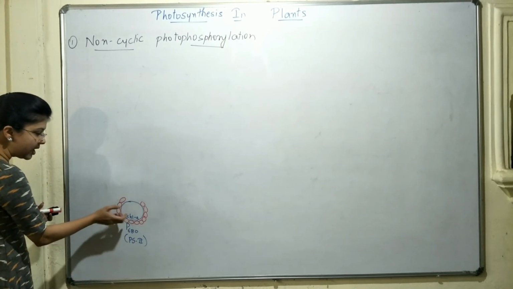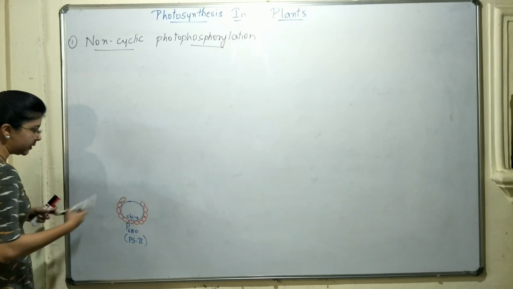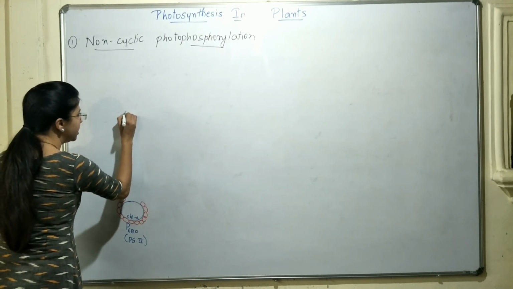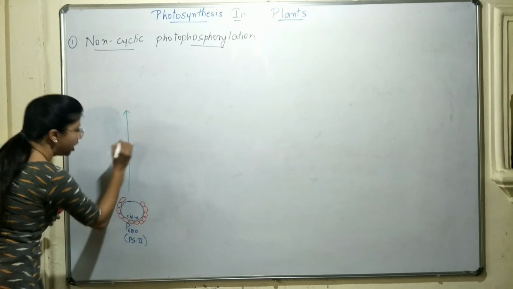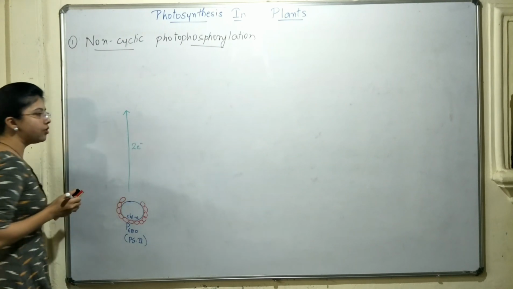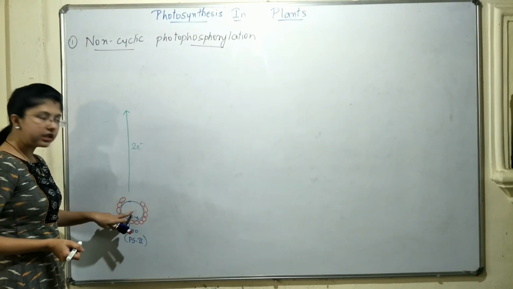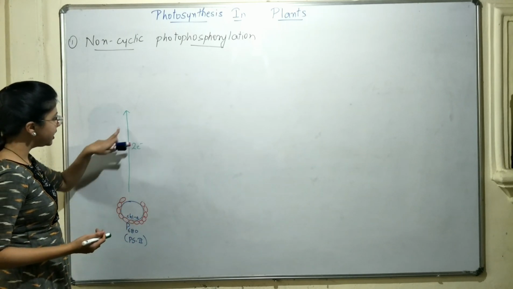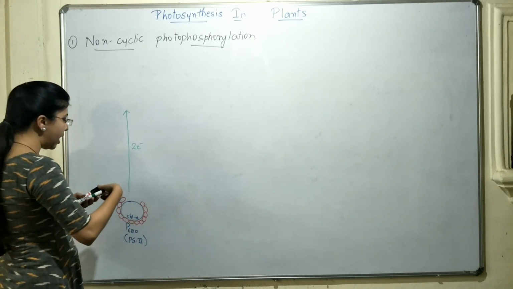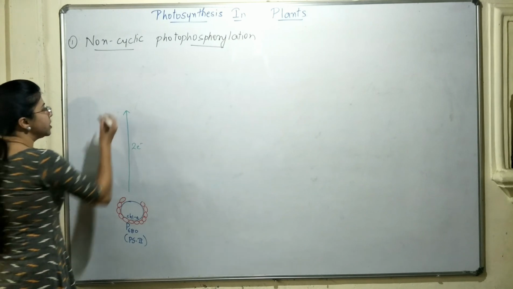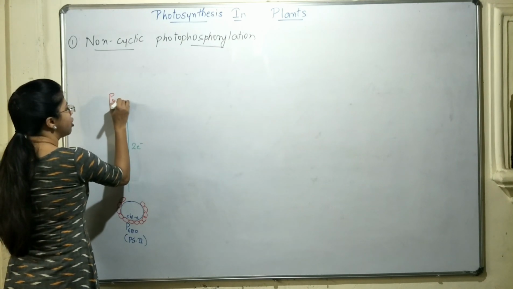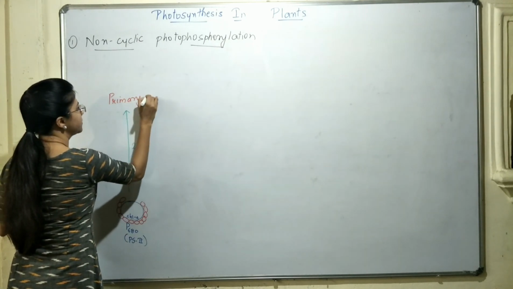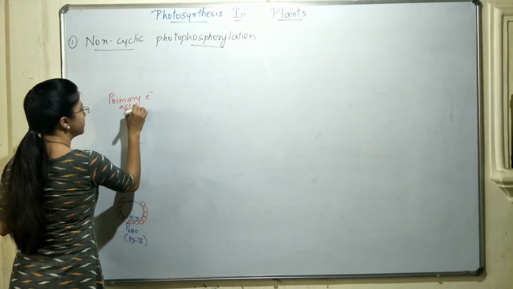Now, as soon as this absorption is done, a pair of electrons is released. Since the light is absorbed, the electrons will get excited and these excited electrons will be transferred to a primary electron acceptor.